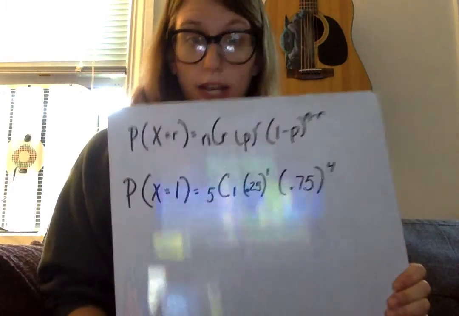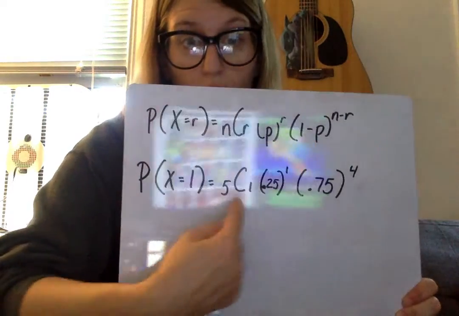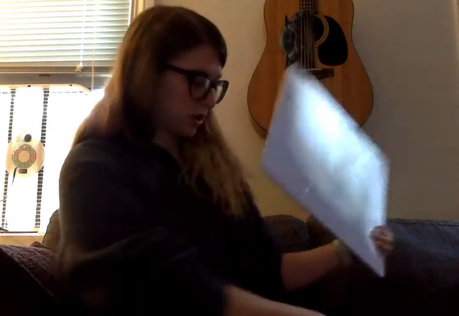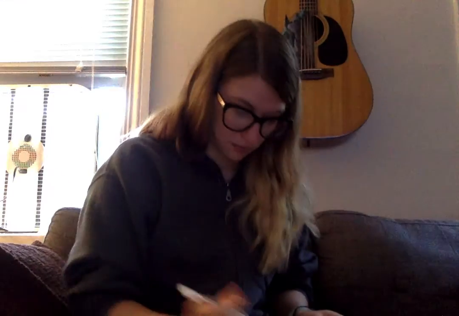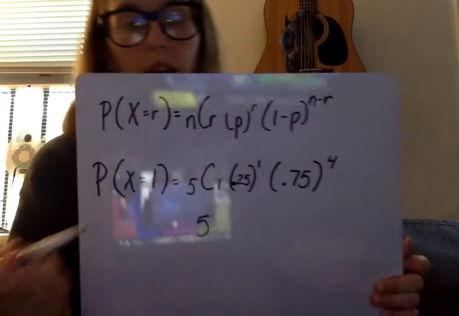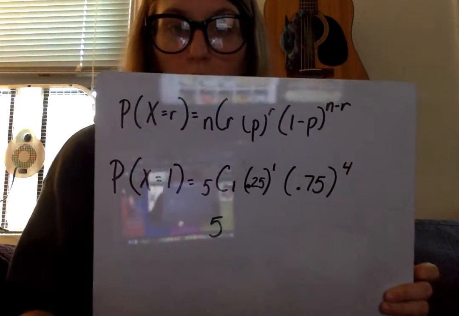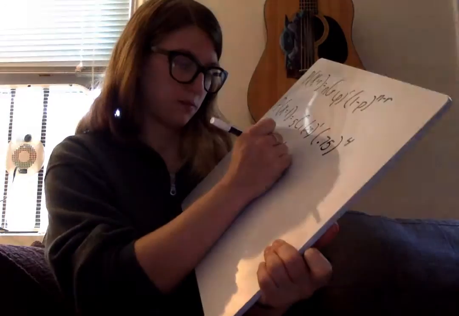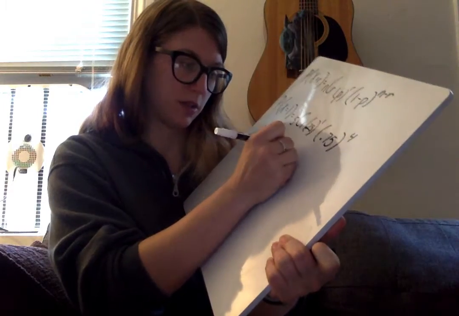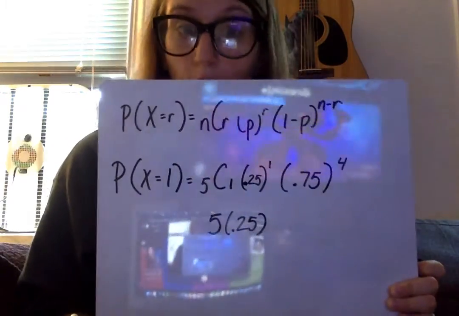What I'm also going to use is that calculator I found last week to calculate this for me. So 5 combination 1 is 5. Right? So just that. Now I need to do 0.25 to the first power. And anything to the first power is itself.